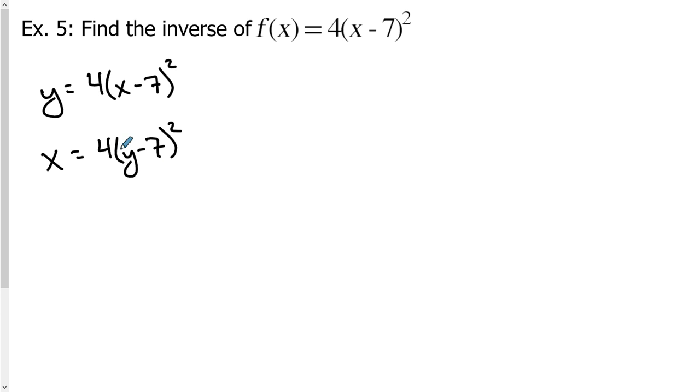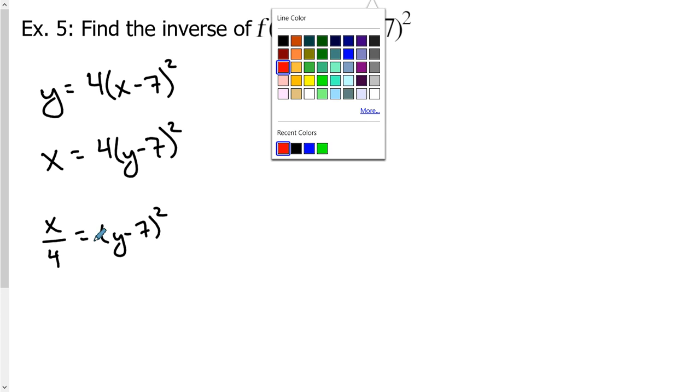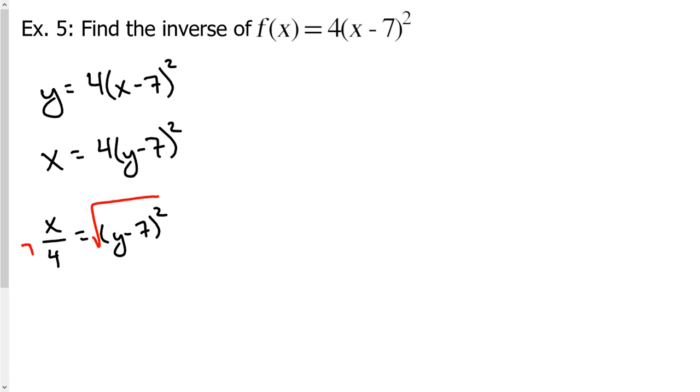But y is trapped inside of this parentheses, which exists because it's all been squared. But in front of that is this multiplied by 4. So I need to divide both sides by 4. So x over 4 will equal y minus 7 squared. Then I can take the square root of both sides.